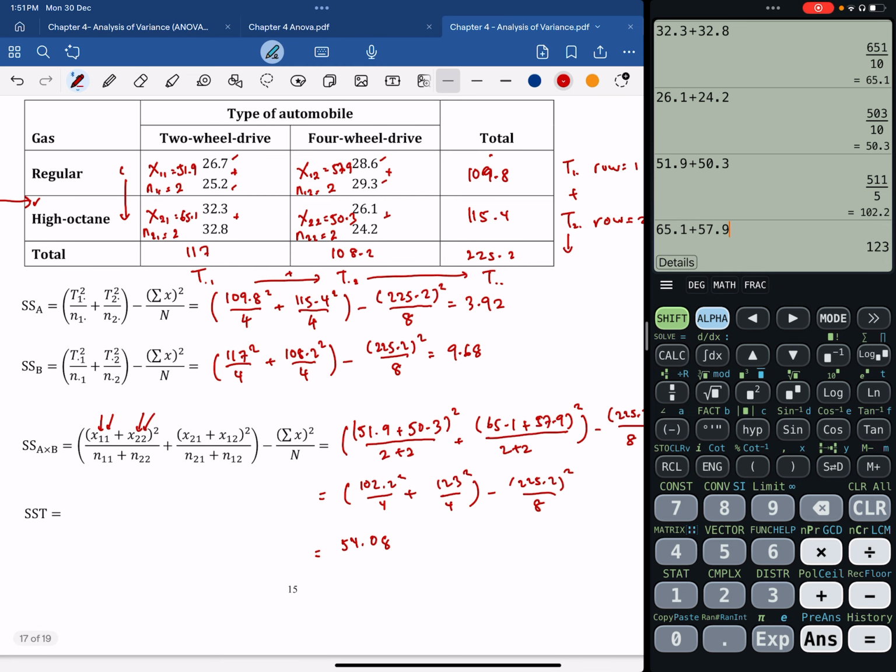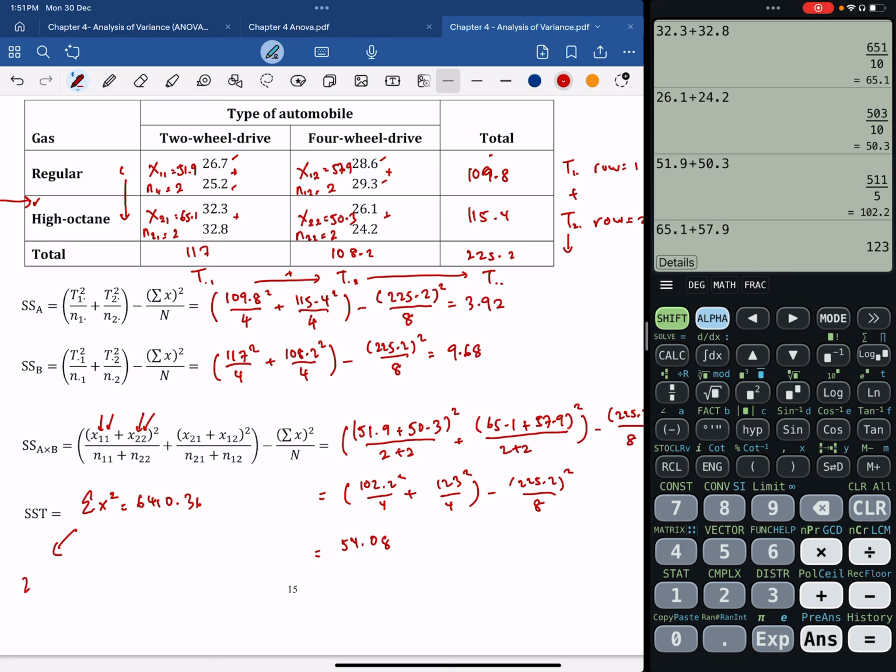And for SST, given that the summation of x squared equals 6410.36. So how do you get the summation of x squared?